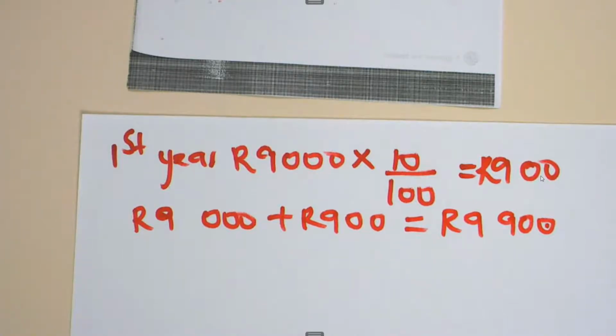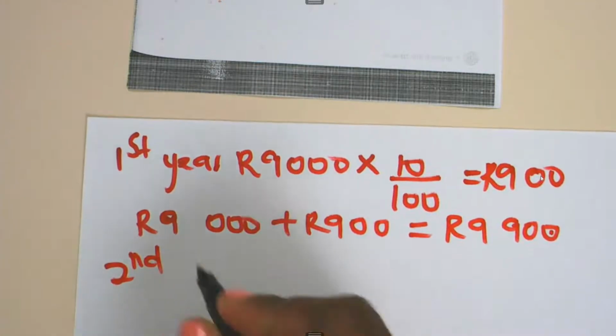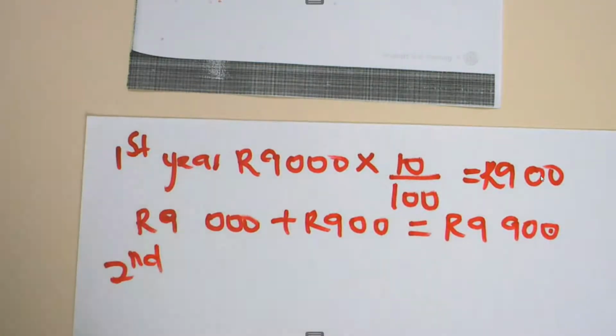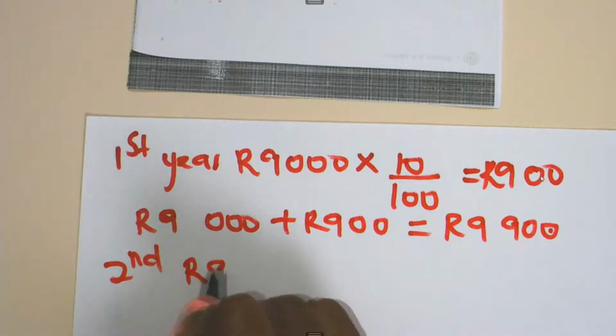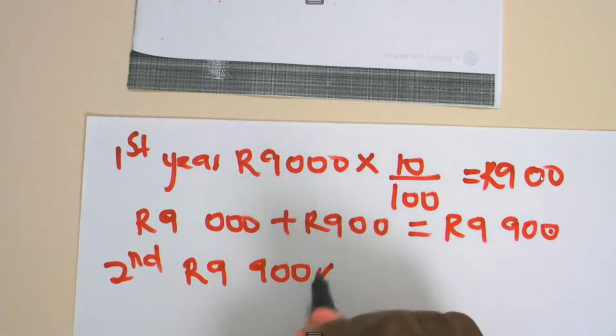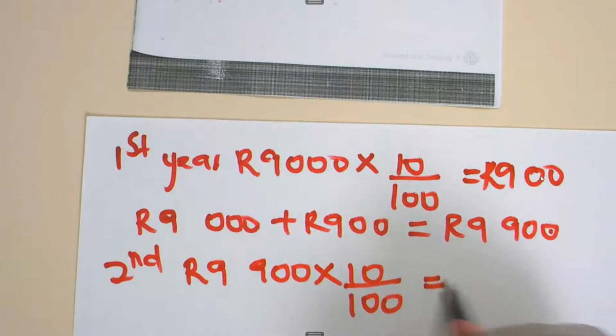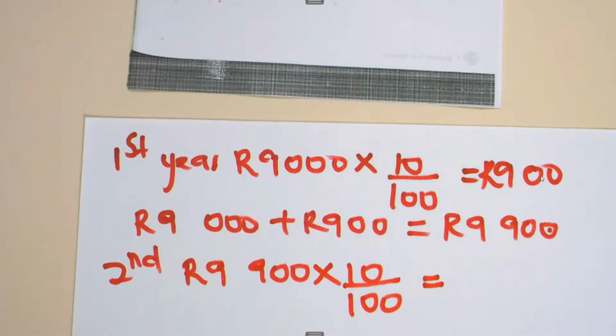With the compound interest, we move to the second year. During the second year, we take the amount that Fikile has to pay on the first year, which is 9,900. And 9,900, we multiply it again by 10%, and then we divide it by 100.